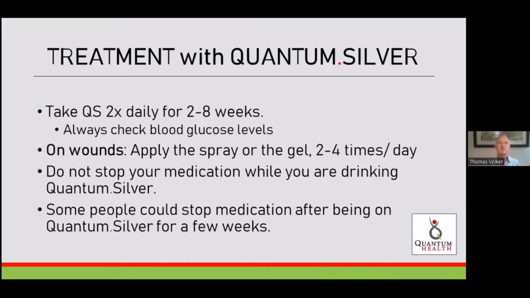And the more often you apply a new layer of gel or the spray, the quicker the reaction will be, so that the infection is taken care of and it helps the cells to regenerate and heal again. So in such a case, we advocate that you do both. You drink the product and also you treat the wounds. And that will speed up the recovery a lot if you do both.